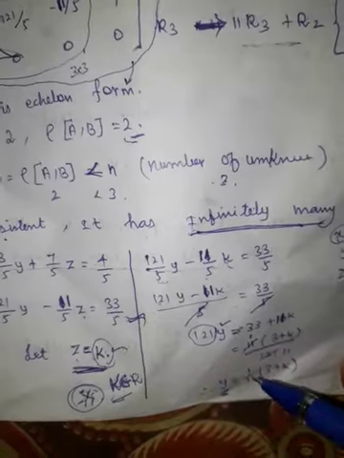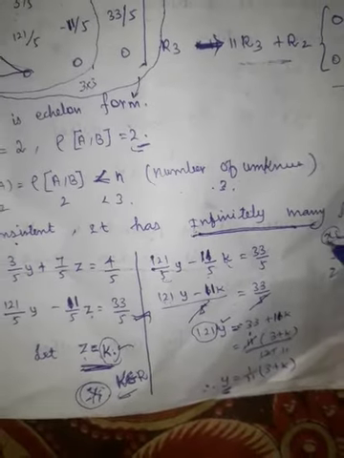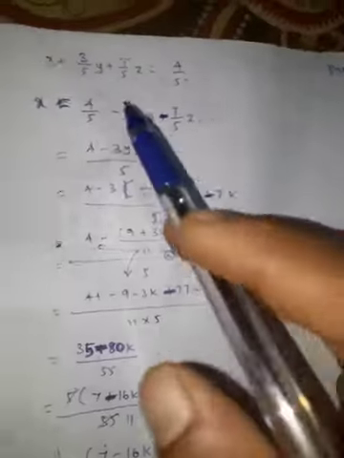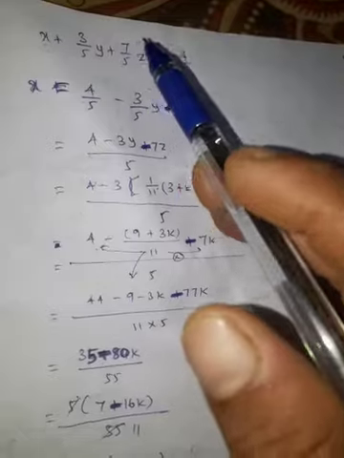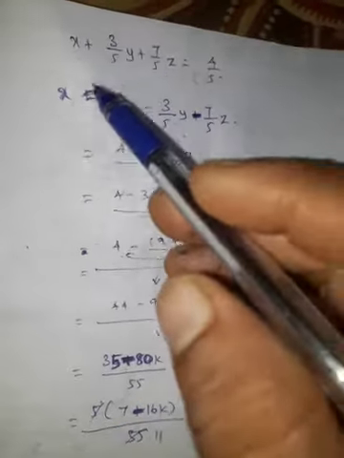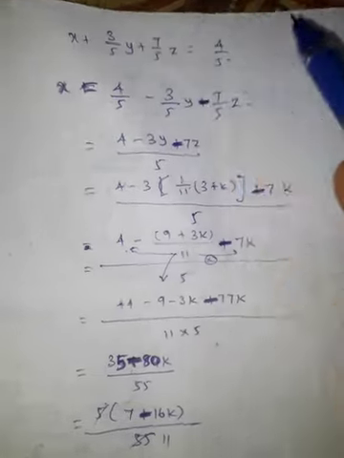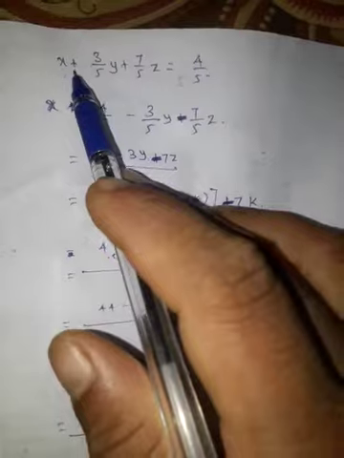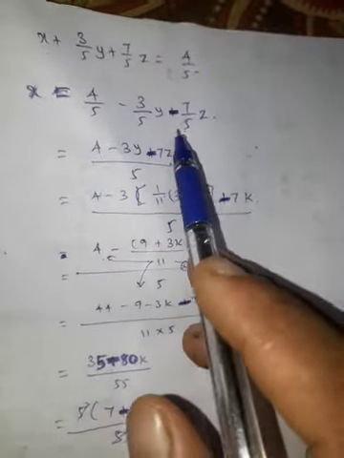So z and y value we have. The next step is to find x, using the first equation: x plus 3 by 5 y plus 7 by 5 z equal to 4 by 5. We want x only, so we keep the y and z value on the right hand side. This plus goes to the right hand side, becomes minus.